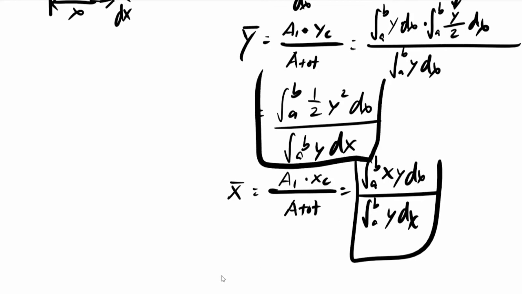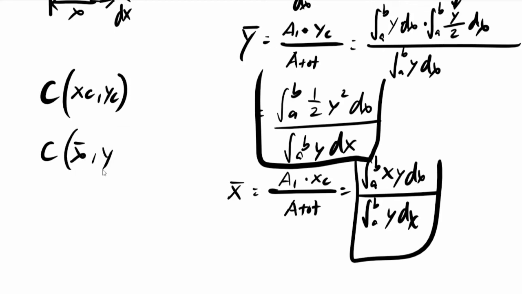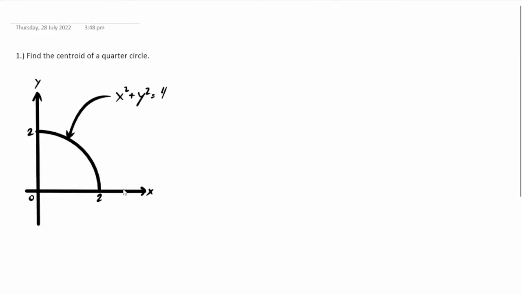And what we're looking for in the centroid is our C equals xc and yc, or that is x bar, y bar. Okay, so number one, we have: find the centroid of a quarter circle.